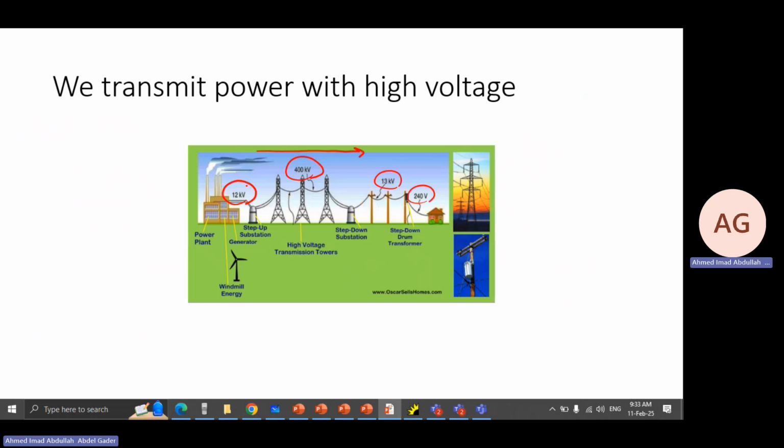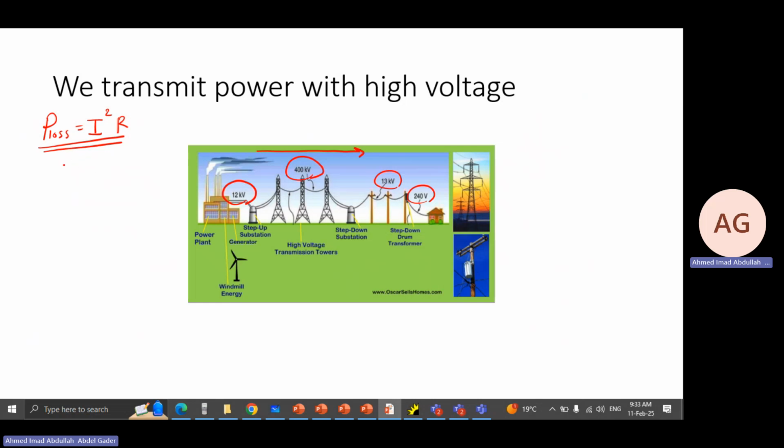So the question is, why do we step up the voltage? Very simply, it's because of the following. The power loss in a transmission line equals P loss equals I squared times R. Only. This is the only formula we will be using to calculate the power loss in a transmission line.